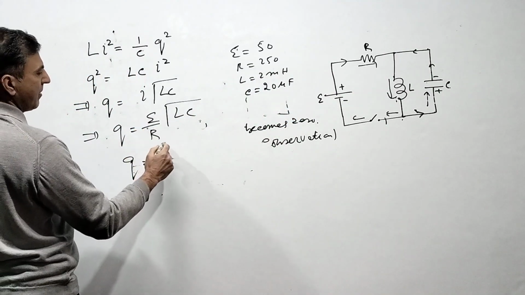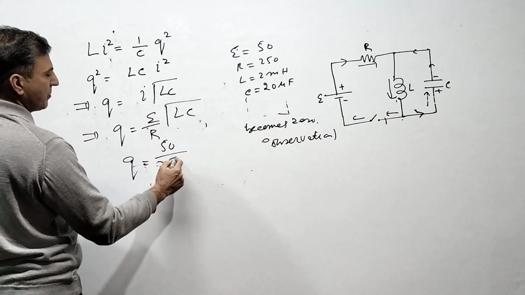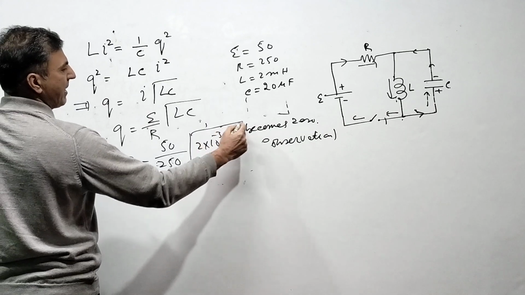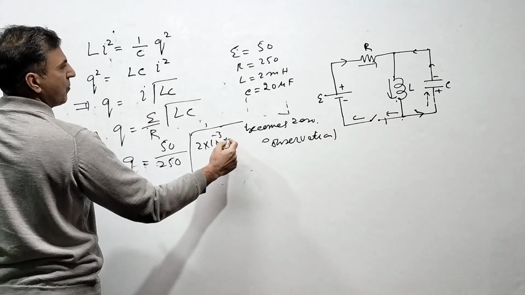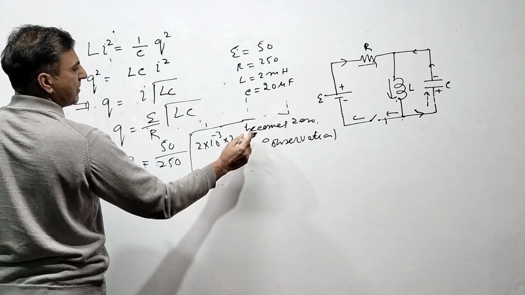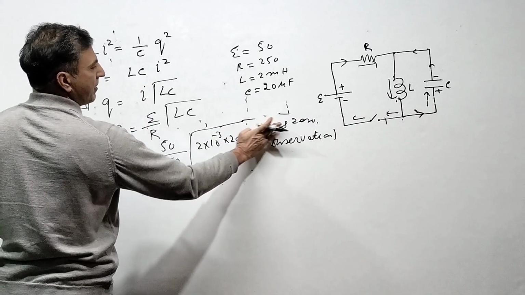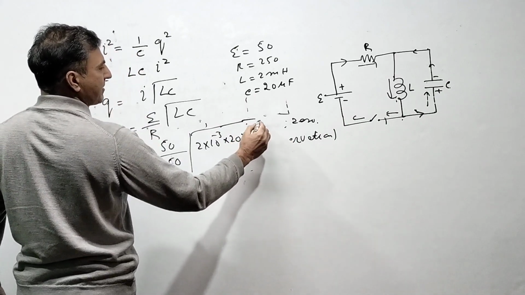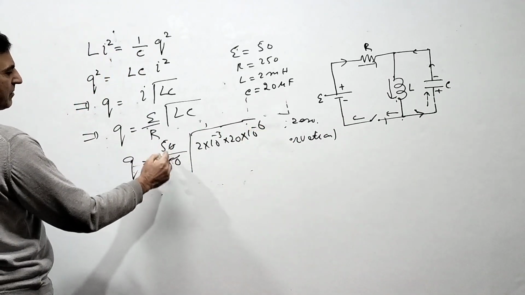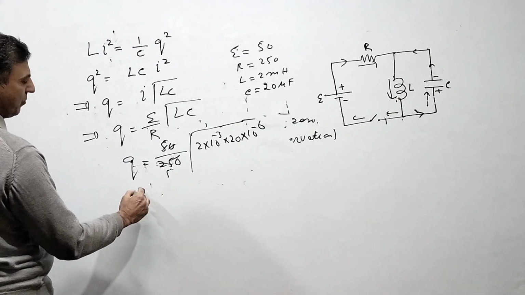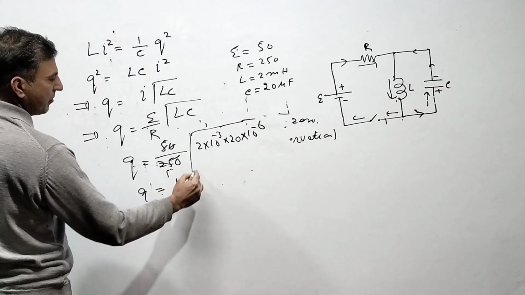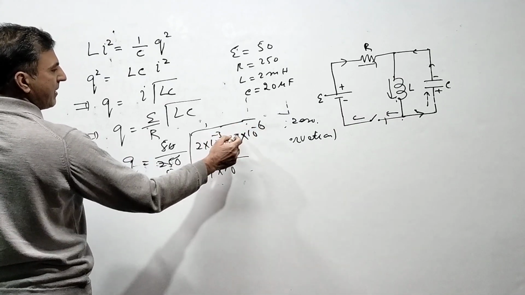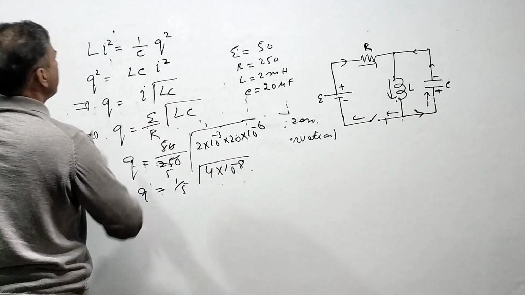It is 50 by 250 times root of L, that is 2 into 10 raised to power minus 3 henry, because it is millihenry, and 20 microfarad, that is 20 into 10 raised to power minus 6. So 5 cancels off. So Q is equal to 1 by 5 root of 4 into 10 raised to power minus 8.